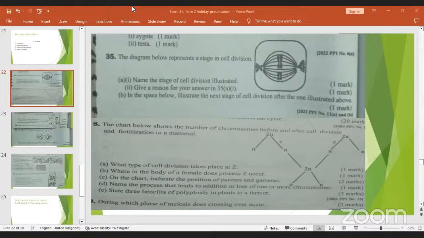Those are general ones that apply in all metaphase processes. In any metaphase, mitosis or meiosis, nuclear membrane has fully disappeared, and it leaves chromosomes free in the cytoplasm.